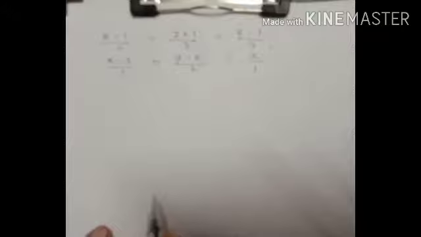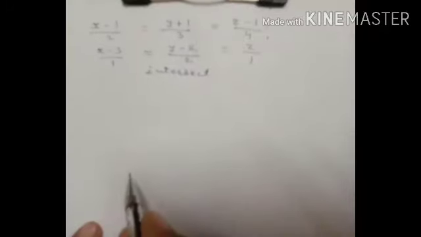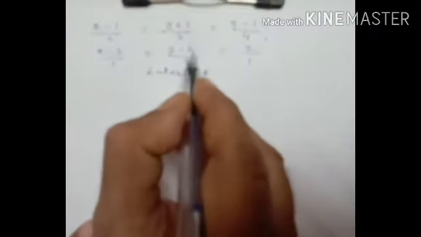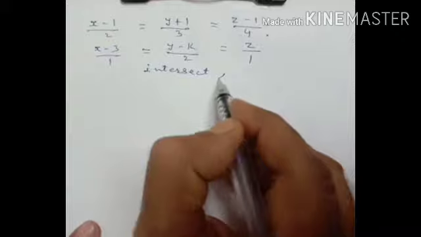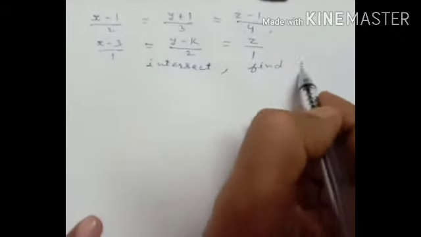And it is given that these two lines intersect each other, and we can observe that in one of the lines k is unknown. We have to find the value of the unknown k.